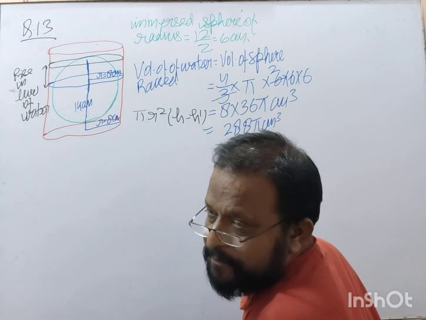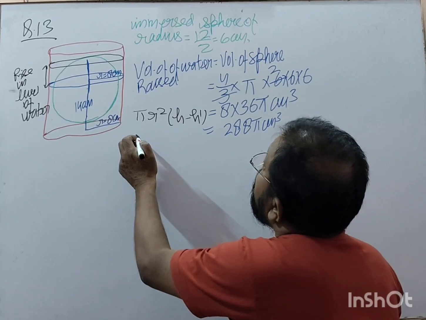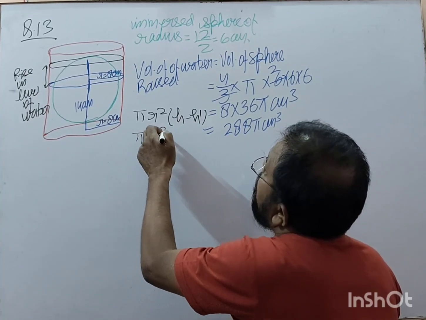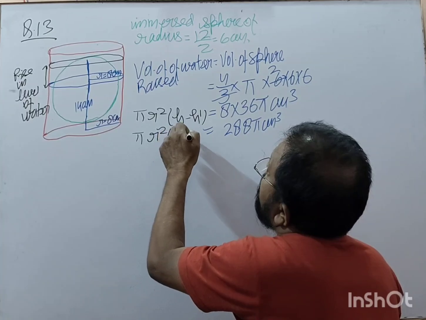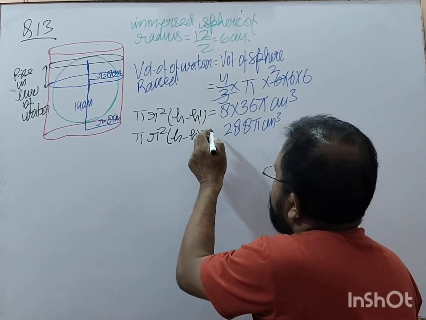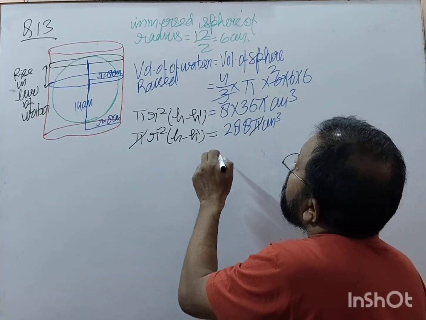This is pi r square (h minus h dash) equal to 288 pi, and pi is gone.